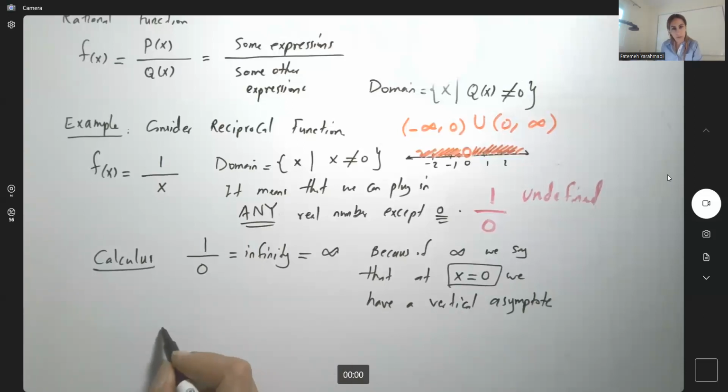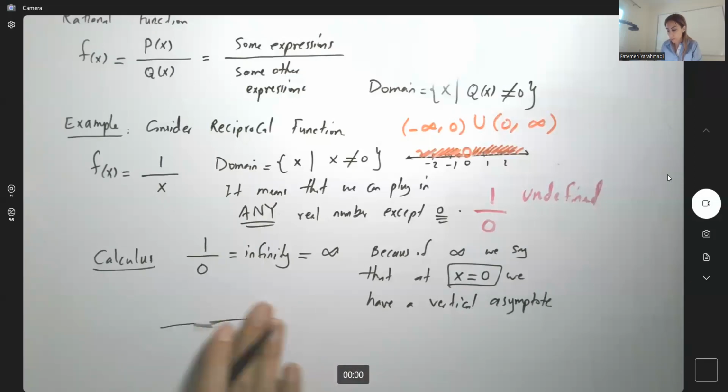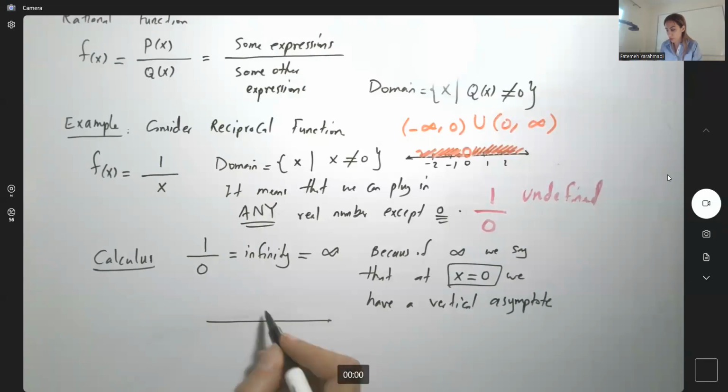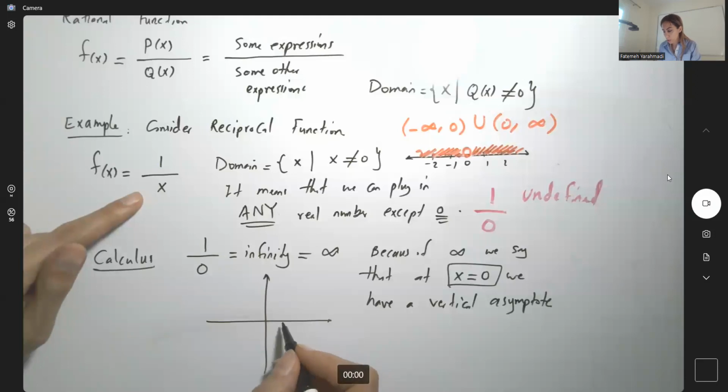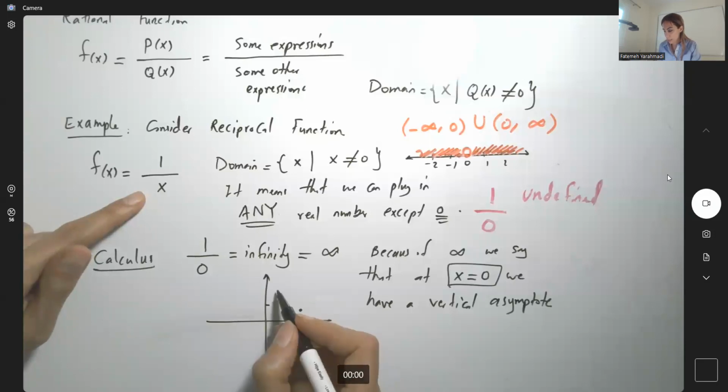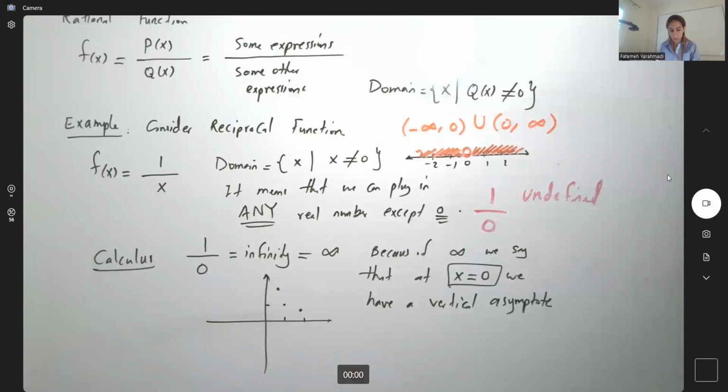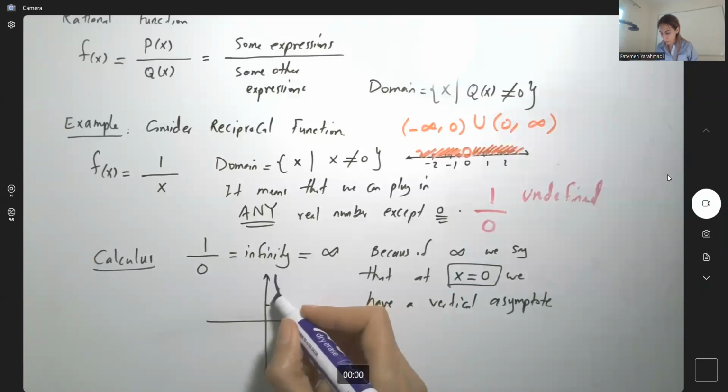Take a look at the graph of this function. You need to feel comfortable about the graph of these types of functions, guys. These are parent functions. Know the graph of this type of function. So if I plug in 1, it is 1. If I plug in 2, it is a half. If I plug in a half, it is 2, and so on. So one part of your graph is here on the right-hand side.